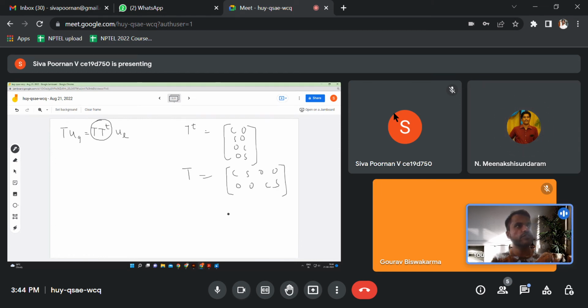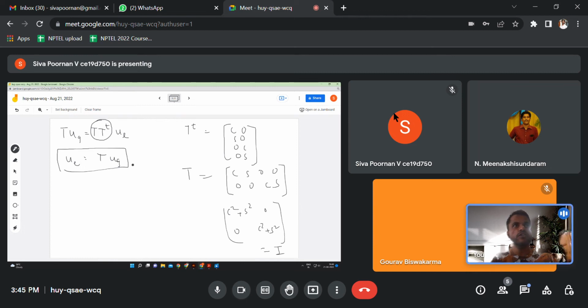You will observe that it's c square plus s square, and 0, 0, c square plus s square. So basically it will become the identity matrix, 1 0 0 1, right? That is how t t transpose becomes identity. Therefore local coordinates ul is equal to t times ug.